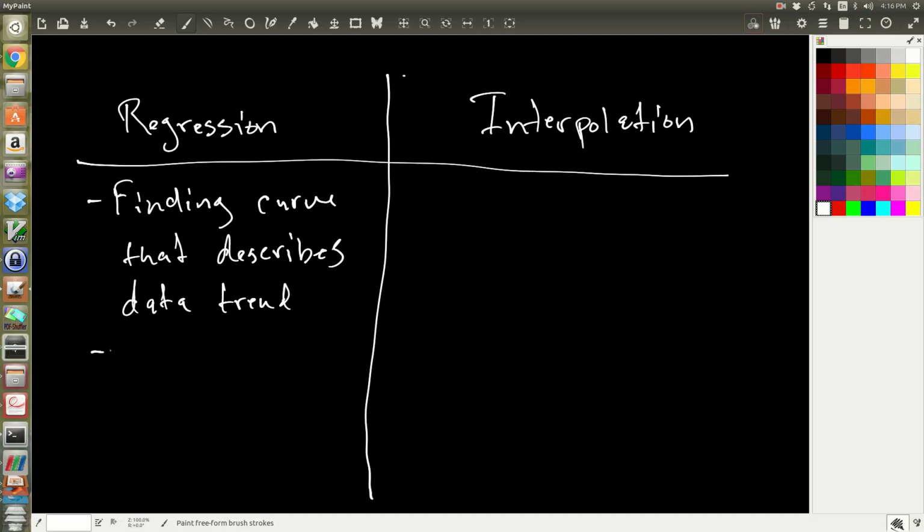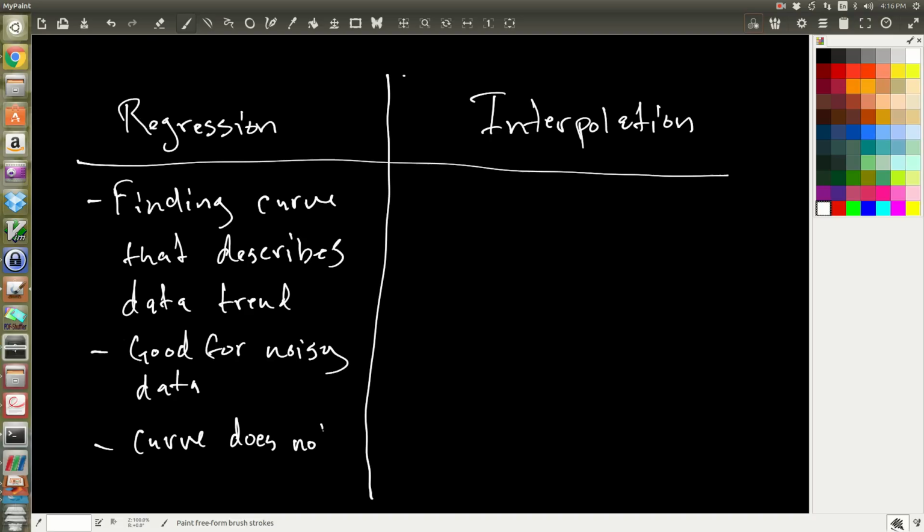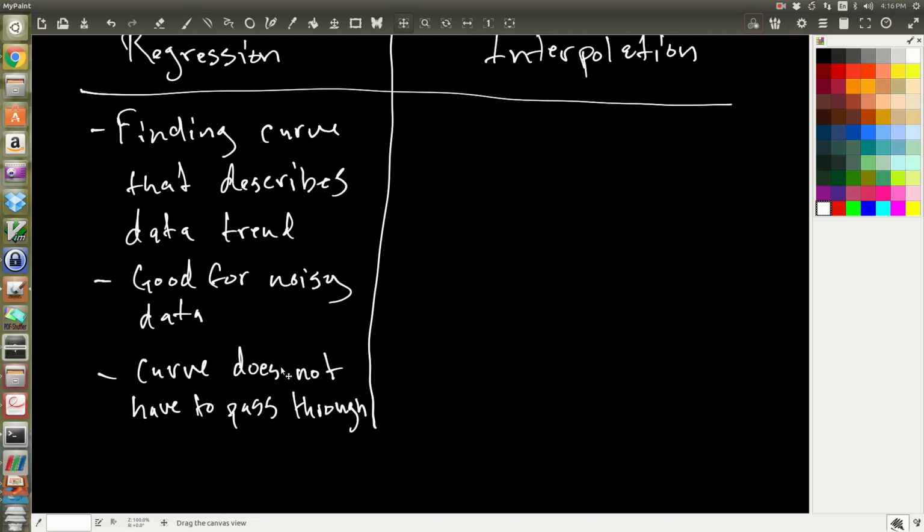This is good for noisy data. And the curve does not have to pass through the data.